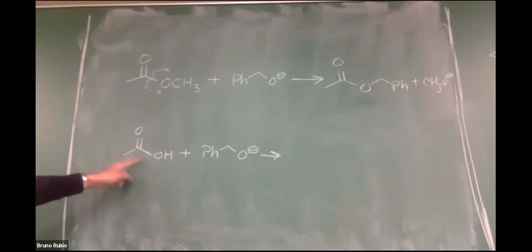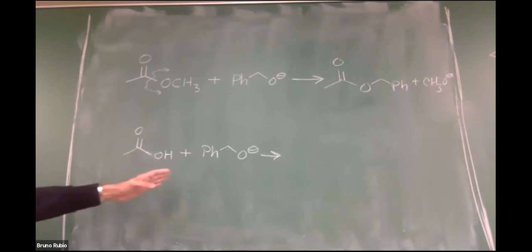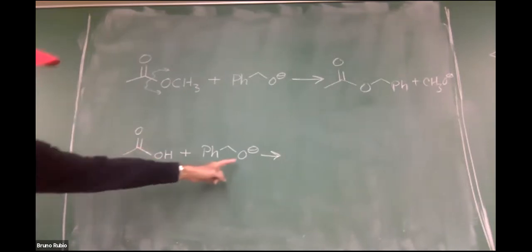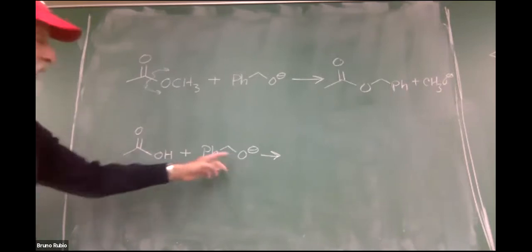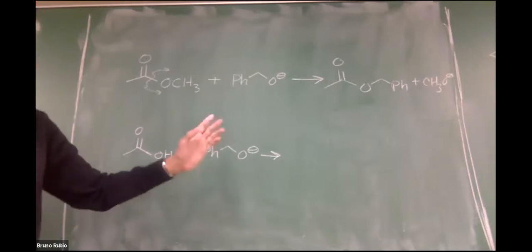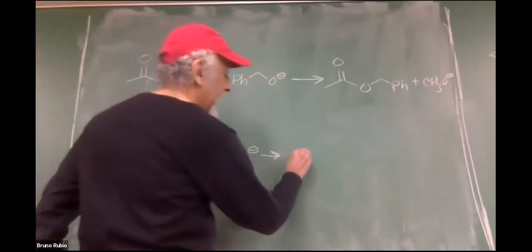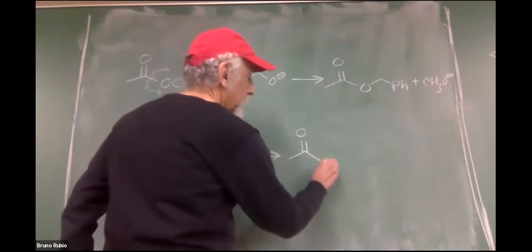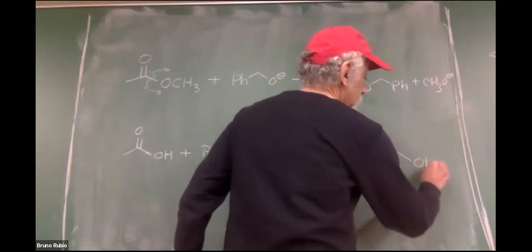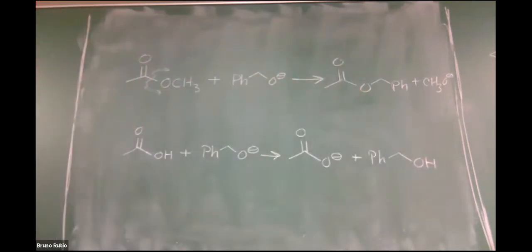There's a carbonyl carbon bonded to something that's not carbon and not hydrogen. This could undergo an acyl substitution, but it's not going to. This is an acid-base reaction. That's a carboxylic acid. This is a strong base. That's an acid, that's a base. It's not acyl substitution at all. It's simply an acid-base reaction where the acid gives up the proton to the base, right?